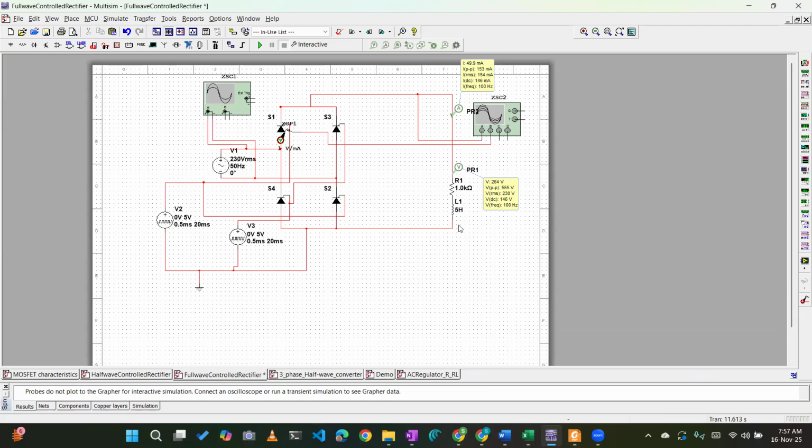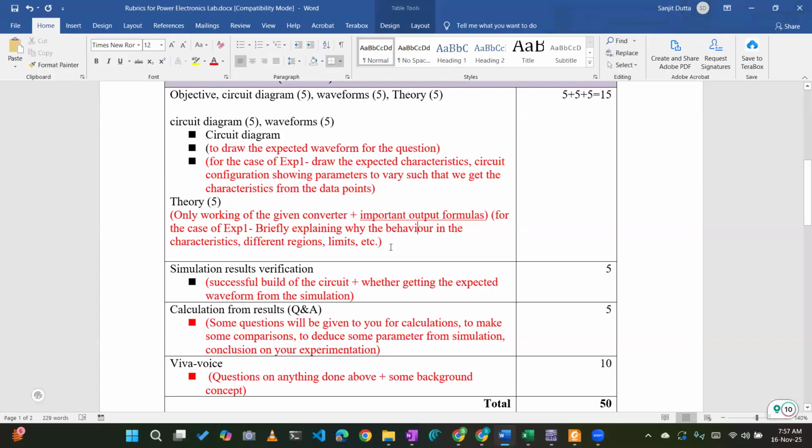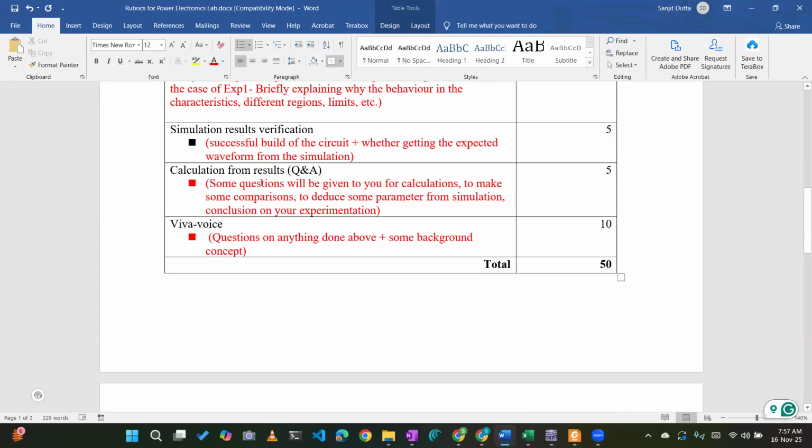This page we are all clear with now. Successful simulation done. Some questions also we have seen, to get the average voltage from the simulation, and then calculating the average voltage from your theoretical equation, that is 2 Vm by pi cos alpha.